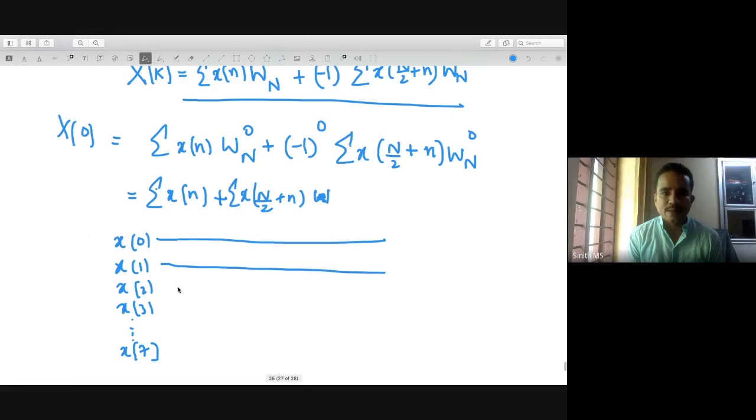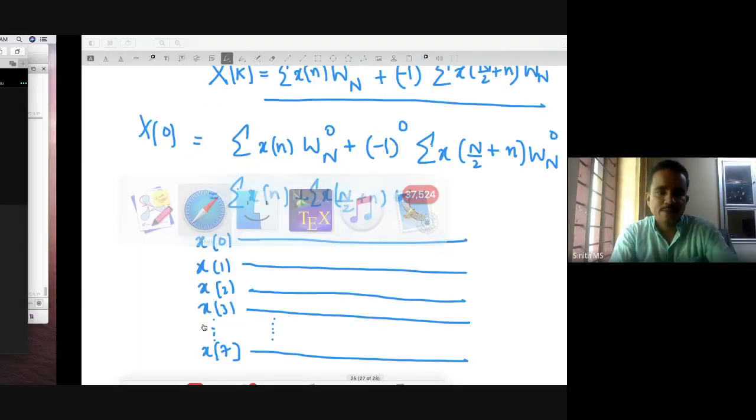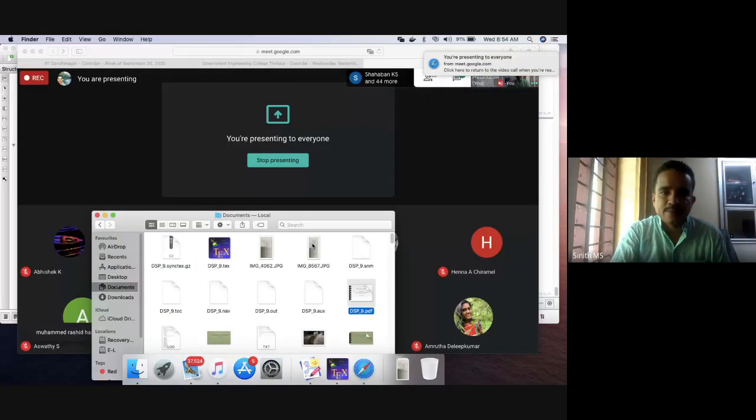All these are connected. So here you have connection like this. Okay, I think I can show you some figure. Yeah, it will be something like this.